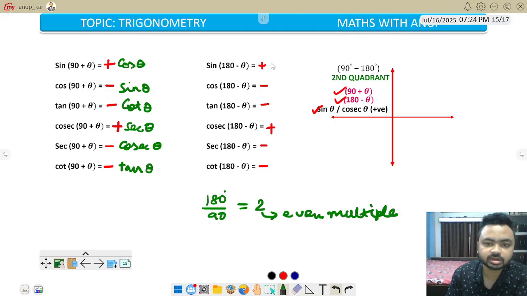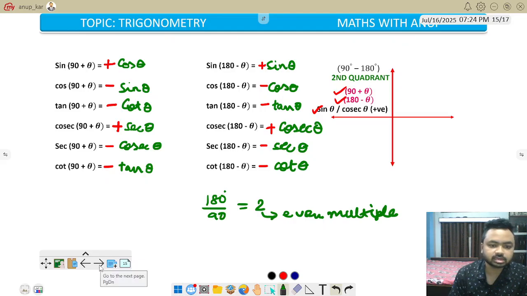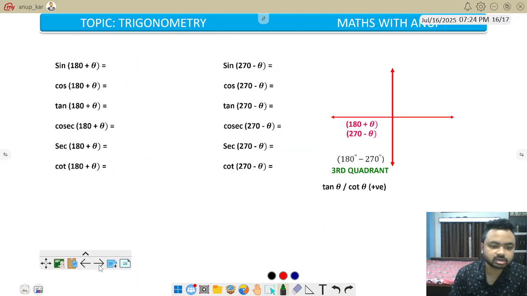So it will be nothing but sine theta, cos theta, it won't change, tan theta, cosec theta, sec theta, and cot theta. So this is the explanation of the second quadrant. Now let's move to the third quadrant.